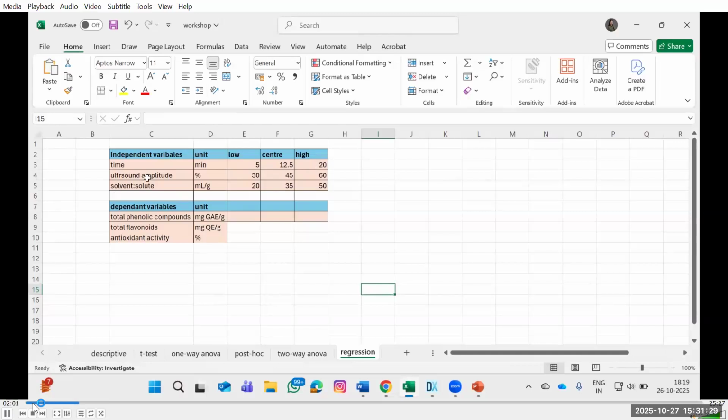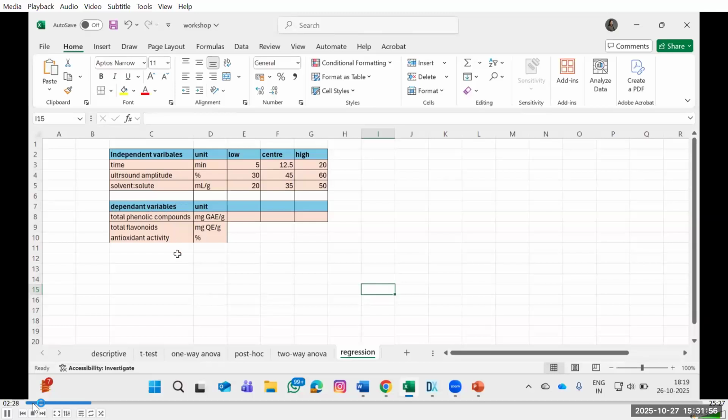For ultrasound amplitude, the low is 30 and the high is 60. For solvent to solute, the low and high points are 20 and 50 respectively. The center points can be calculated as the sum of the low and high values divided by 2.